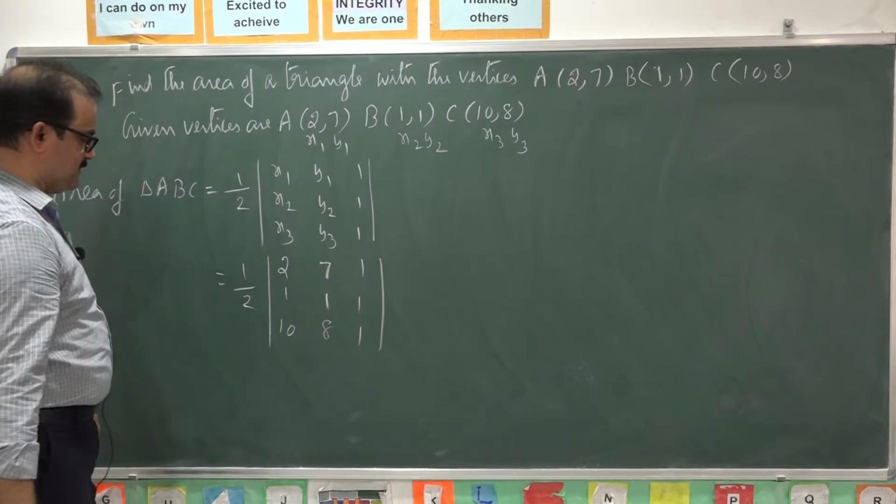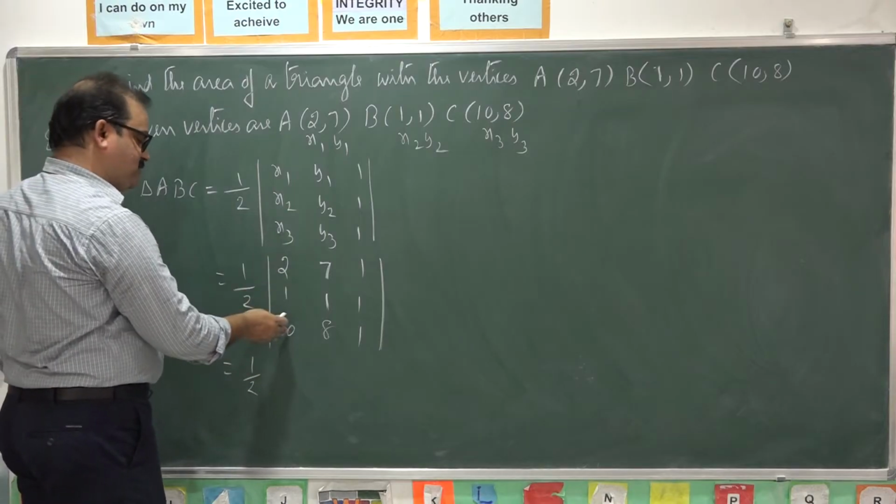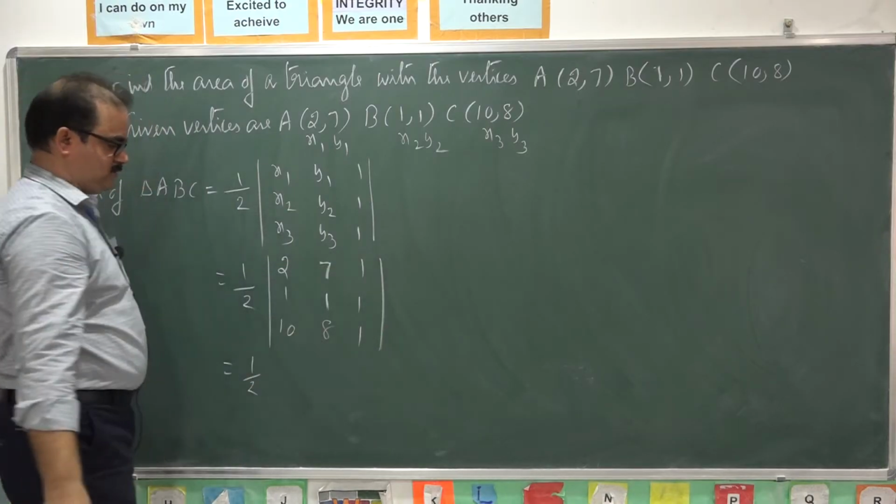Now we expand this determinant. This is 1/2 into, you may expand along the first column or first row also.